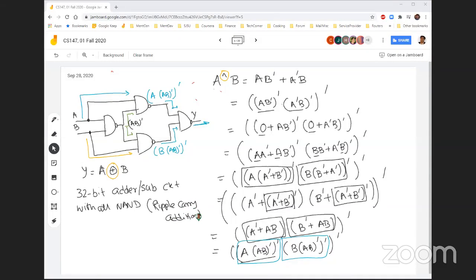But we need to work on the adder subtractor combined module, that one. Question is how many transistors, we all know that NAND configuration, right? Transistors are needed to make it. So that's the problem, okay?